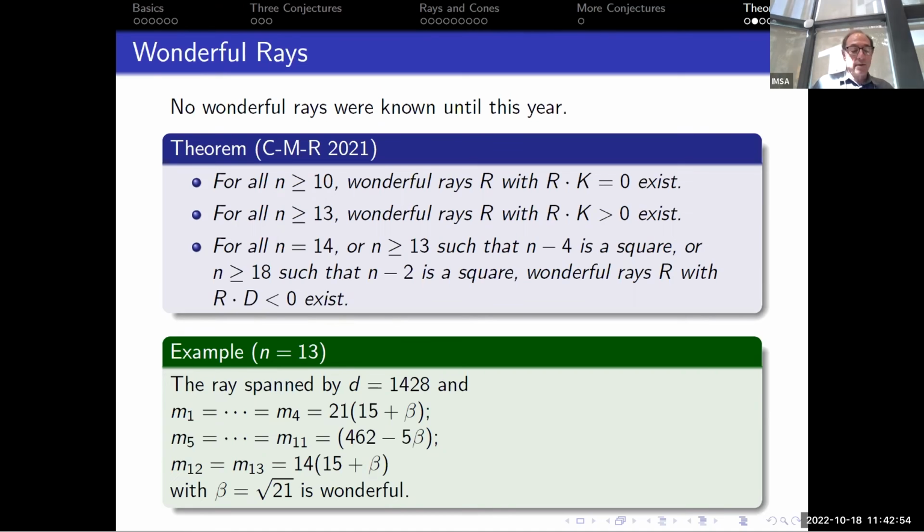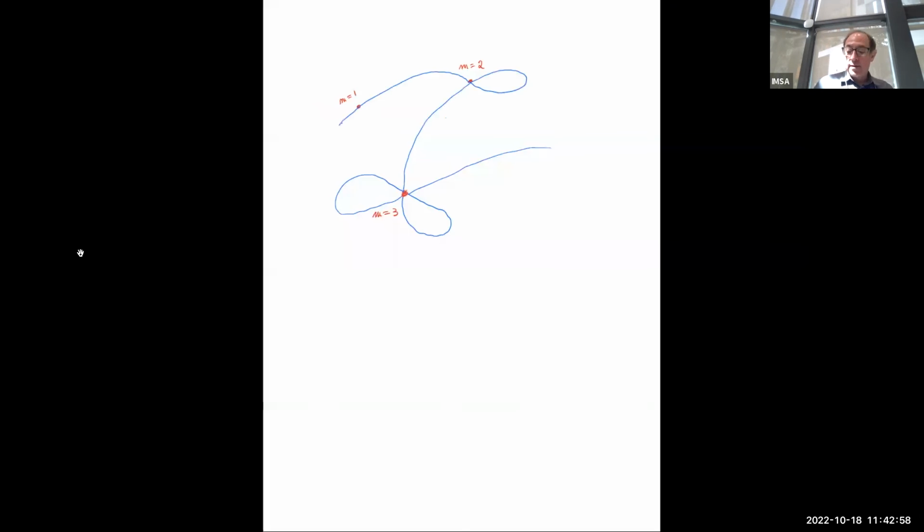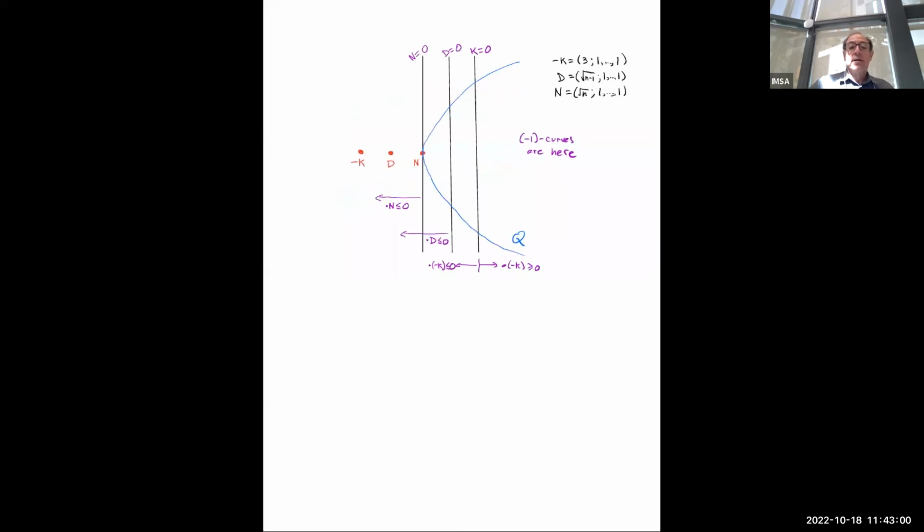Now, how do we do this? Before I tell you how we do it, maybe I'll switch to this other picture. You see, this is a cartoon of the Mori cone. You see the Q part, this sort of blue curved parabola, looks like I think it's a hyperbola.